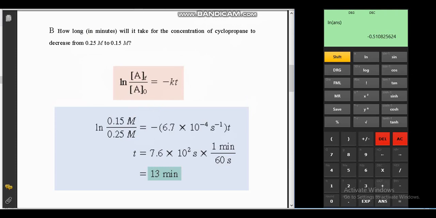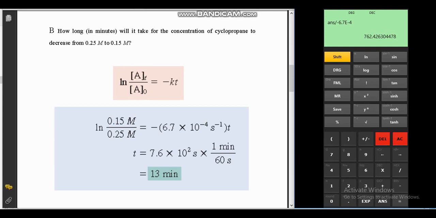So this negative 0.51 should be divided by K. So K is negative 6.7 exponent negative 4. Then we'll get 762 seconds.